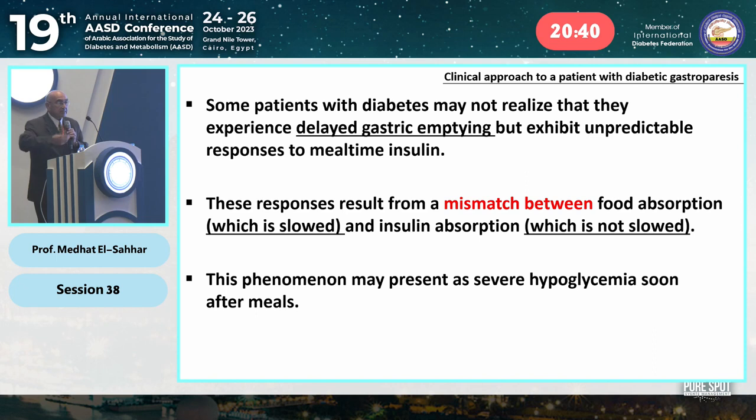He found an erratic blood glucose level. He gave them insulin, and he found the patient developed hypoglycemia, because in gastroparesis there is a mismatch between the absorption of food and the action of insulin. So this may make the doctor think that it is not the food, it is gastroparesis.